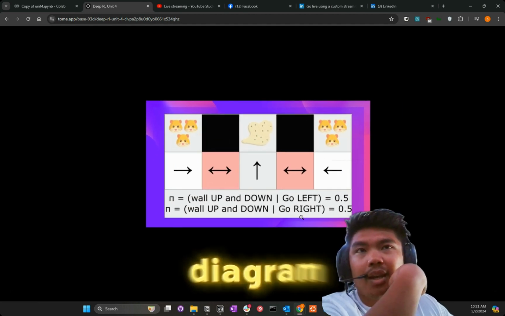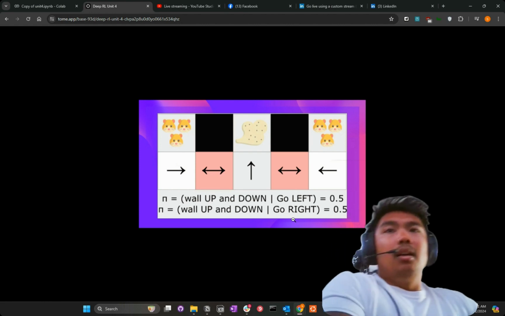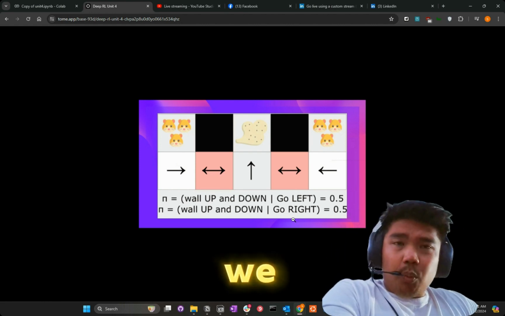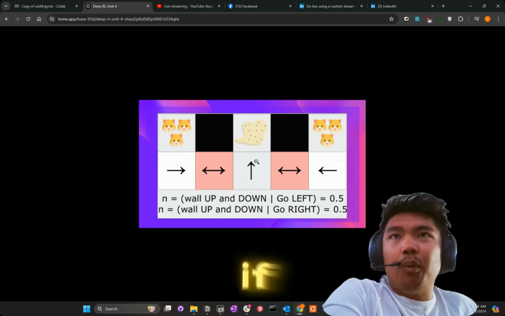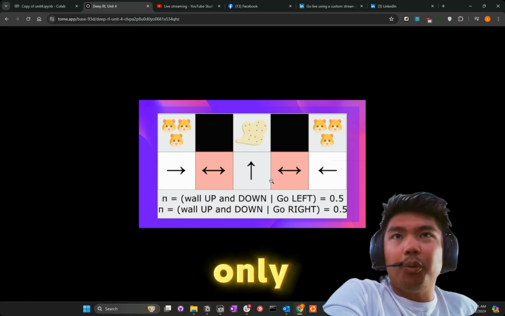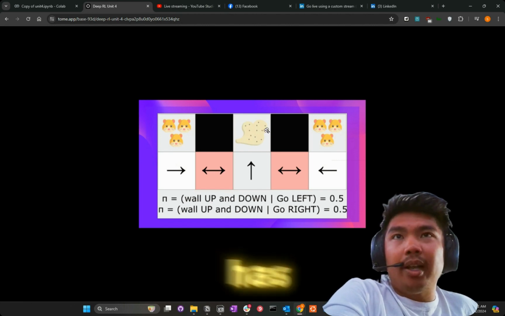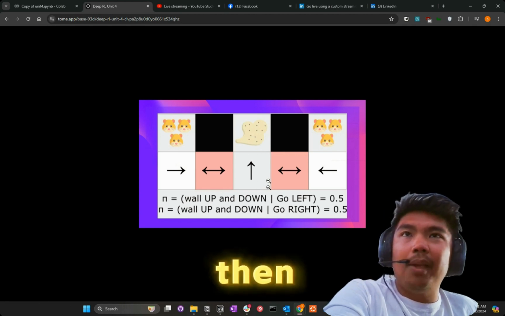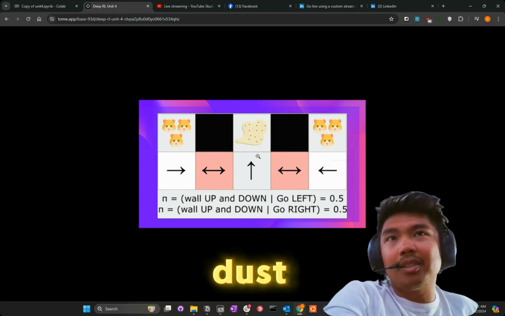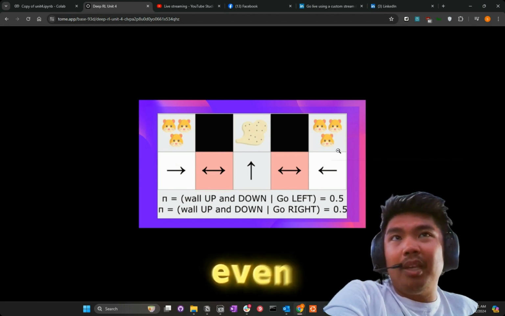So going back, the other advantage is that there's this natural exploration handling. If you look at this diagram and go back to some of the previous units, we talked about the exploration-exploitation trade-off. If the model only optimizes for the highest possible reward and has a more exploitative policy, then it'll just keep going and collecting the dust. But suppose one of these is an even bigger dust pile.